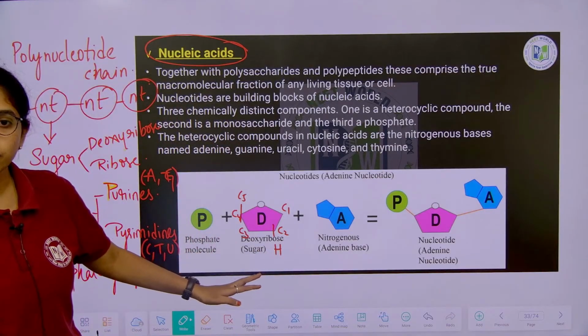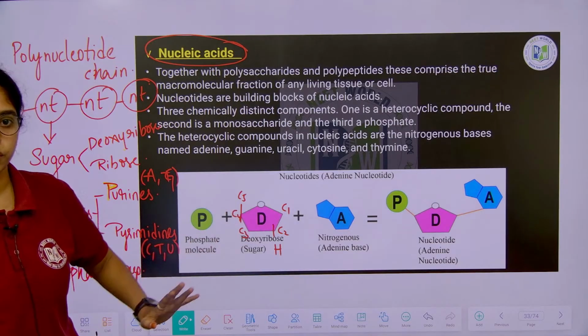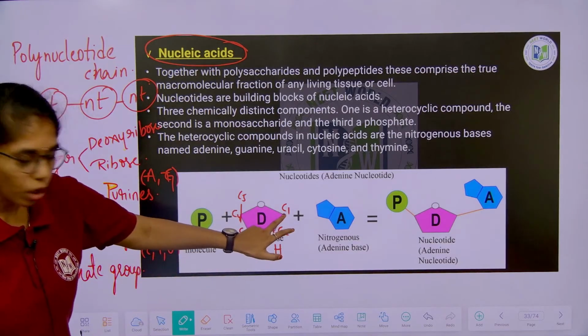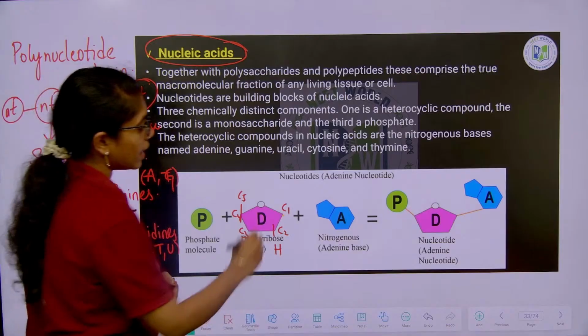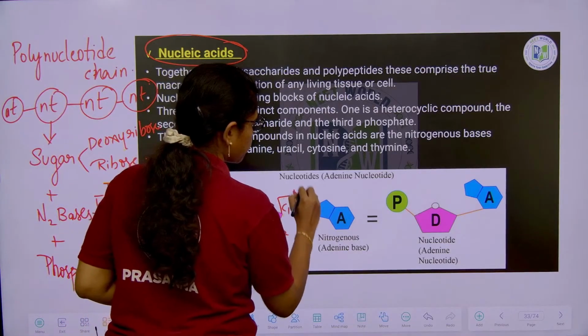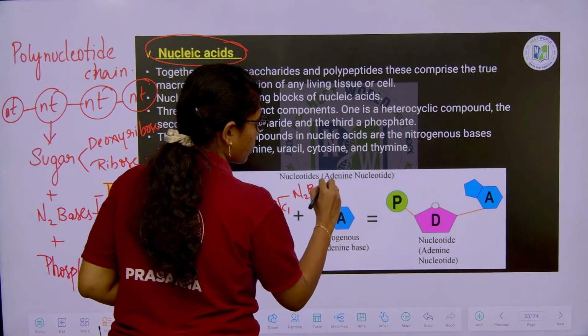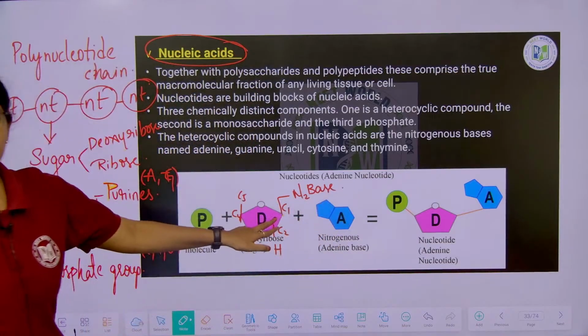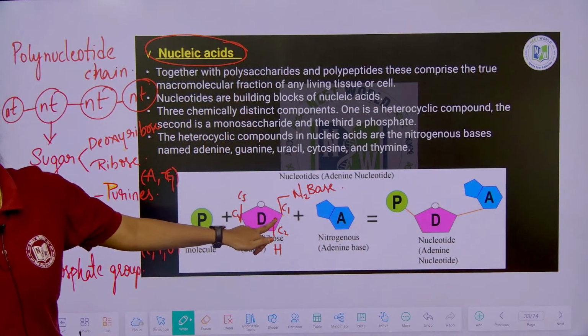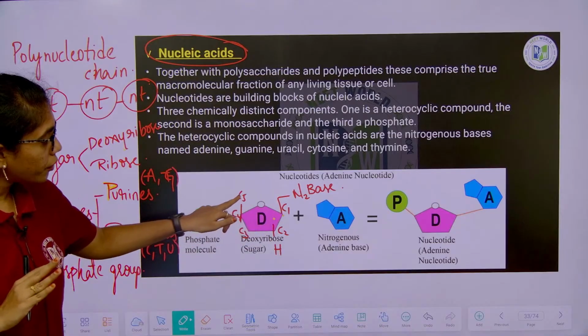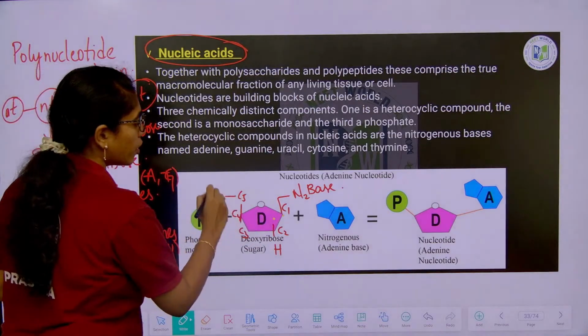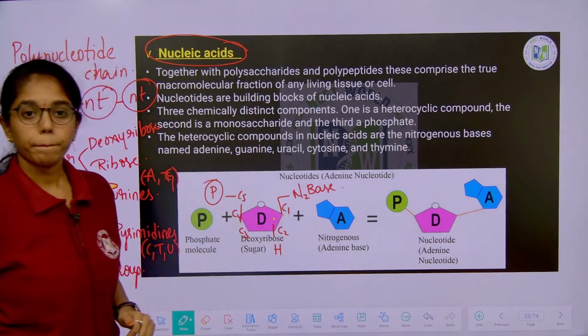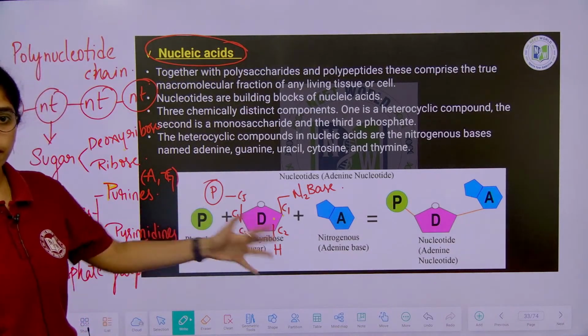That is the reason it is called deoxyribose. To the first carbon of this sugar, the nitrogen base is attached. And to the fifth carbon, the phosphate group is bound. With what bonds, I will explain in the next slide.